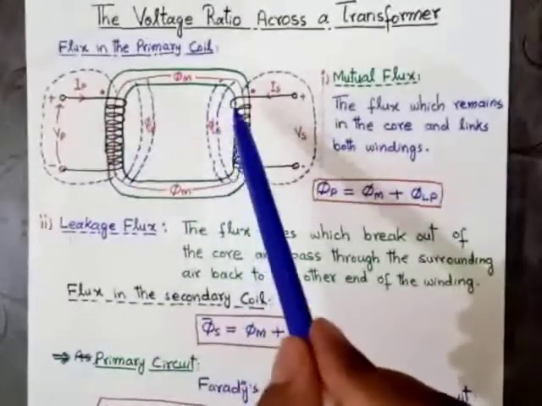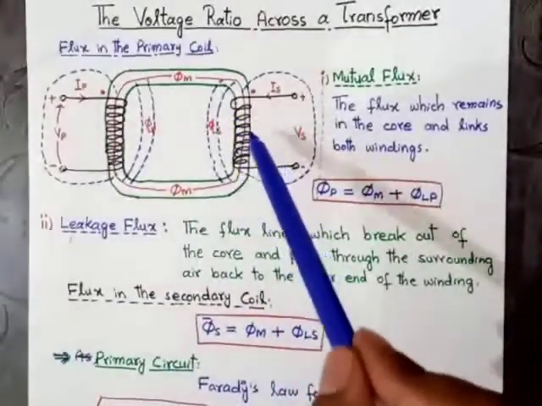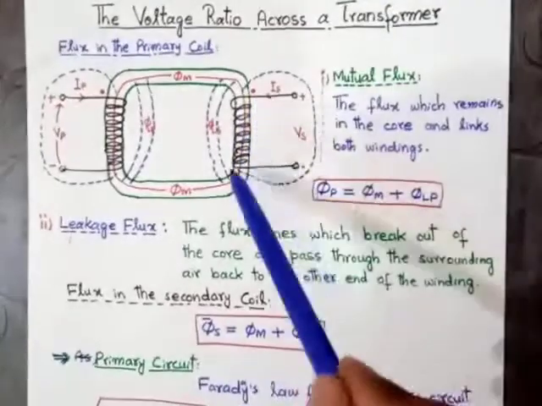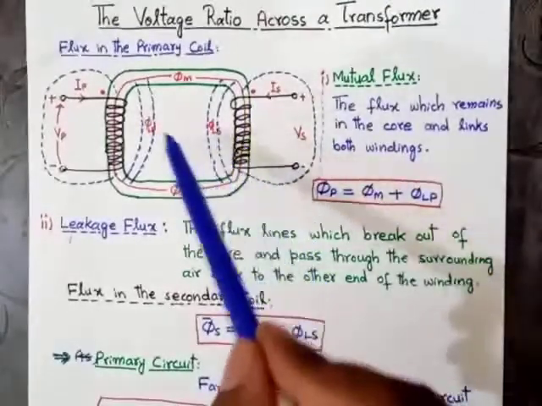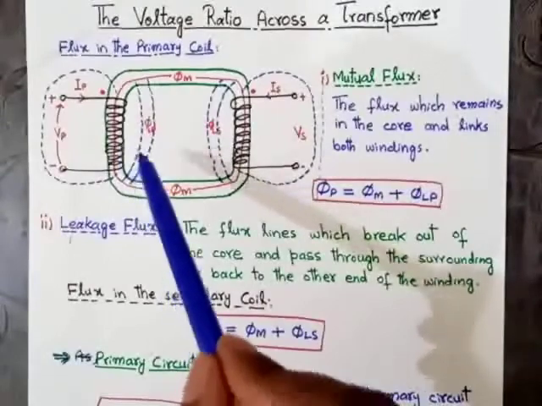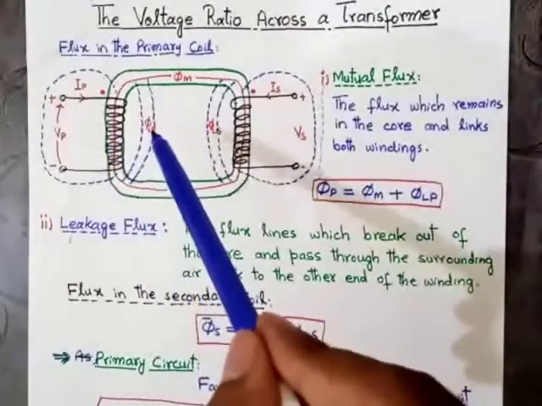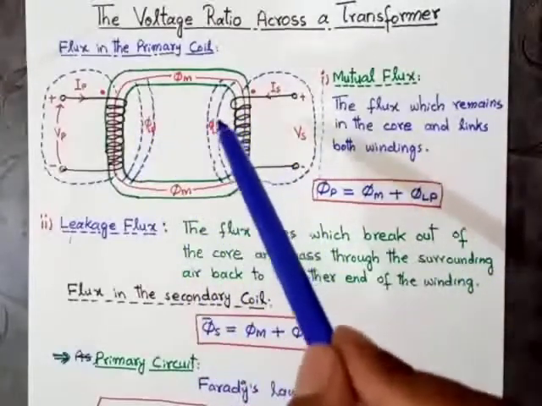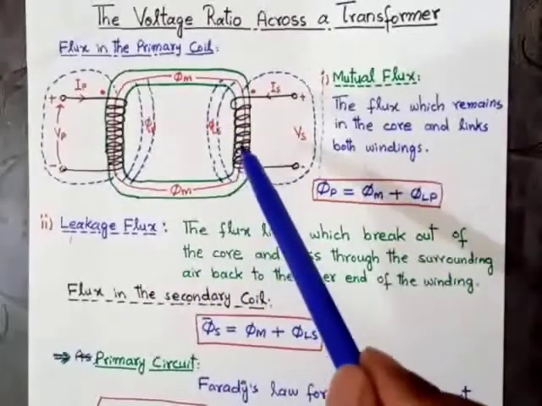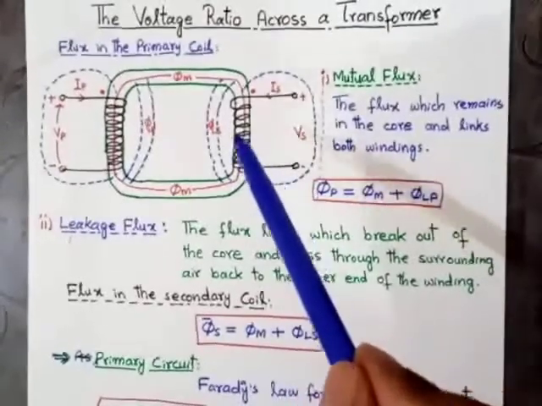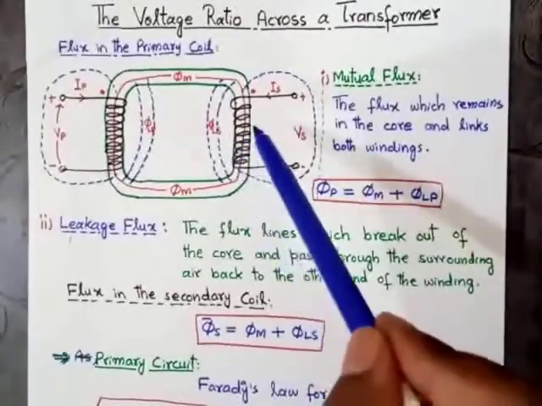If there is no leakage flux, then the maximum voltage will be induced across the secondary winding. If there is leakage flux, it means some flux will be lost. When some flux is lost, then according to Faraday's law of electromagnetic induction, the voltage across the secondary winding will be lost as well.